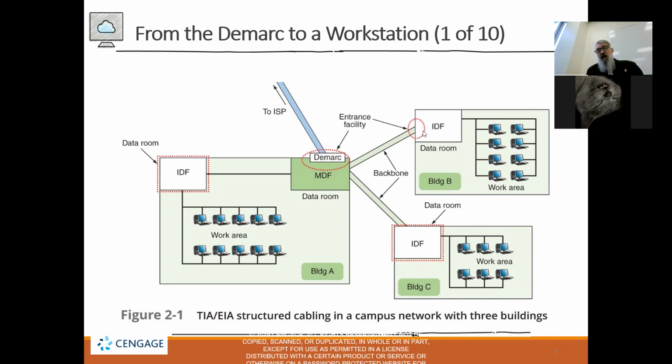Each building in this college has an IDF. Here in building 10, at the end where the college instructors' rooms are, there's a little room that has an IDF facility.